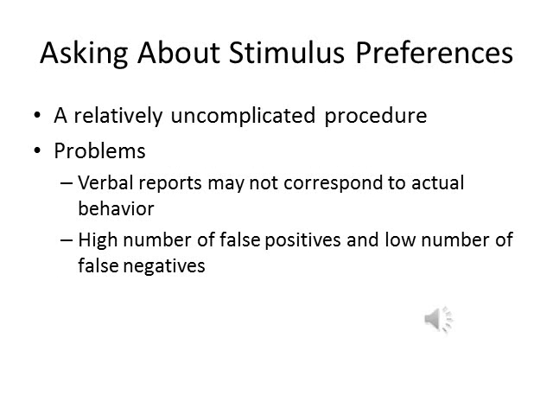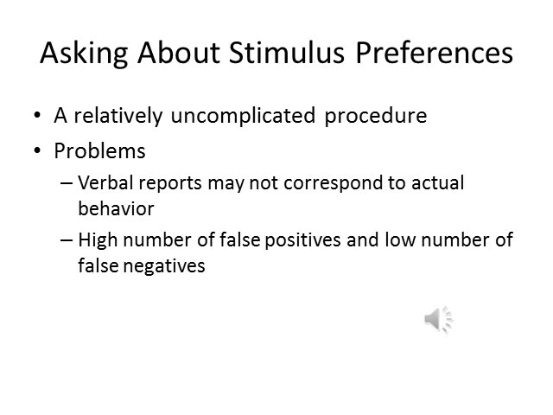All these processes of asking about preferences or using surveys tend to be relatively uncomplicated and simple. The problems are the verbal reports or survey responses may not actually correspond to real-world contingencies or real-world behavior. You get a high number of false positives, meaning people identify stimuli as likely reinforcers when in fact they're not reinforcing at all.